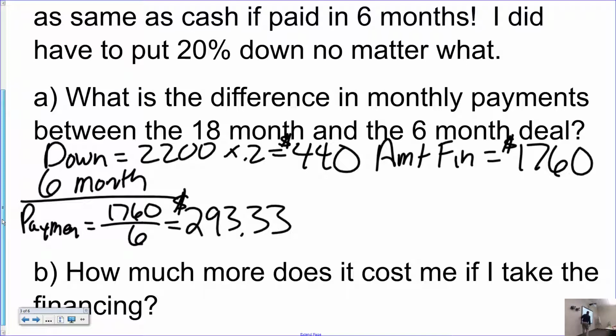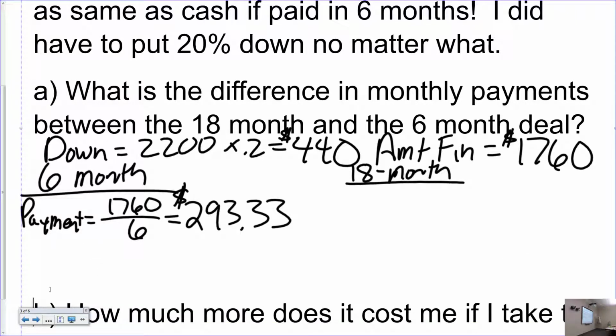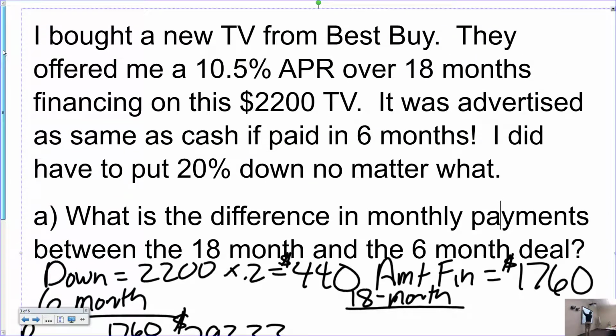Now, what's going to be my payment for the 18-month? How am I going to do that? How do we figure out 18 months at 10.5% APR? What am I going to do?